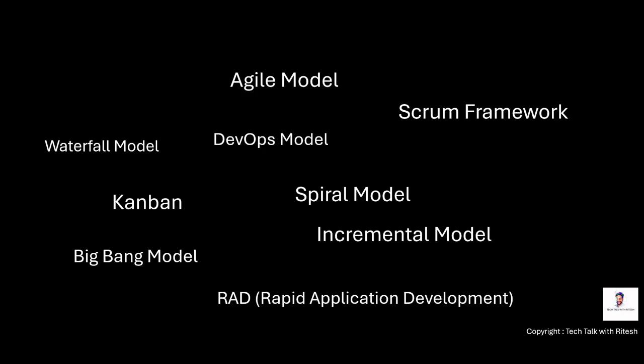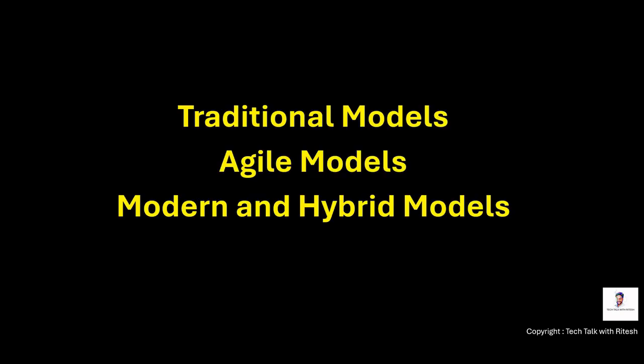And there are various models available: Agile, Scrum, Waterfall model, which is a very legacy one, DevOps model, Kanban, Spiral. So there are lots of models available, and we will learn about those models in the upcoming slides.